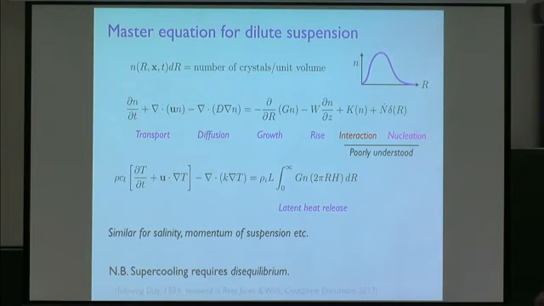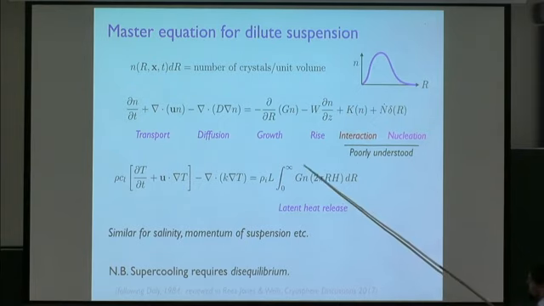We can also write down corresponding energy budgets, and we could do similarly for salinity, momentum, etc. for your suspension. So it would behave in a similar way in terms of advection and diffusion of heat. And the key difference is that as your crystals grow, they're releasing latent heat in order to start to remove the background supercooling.